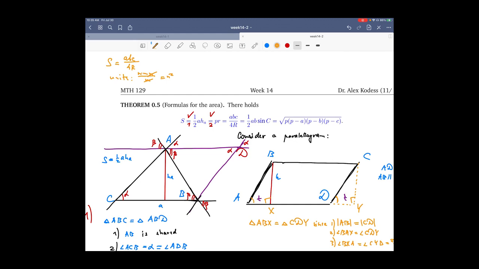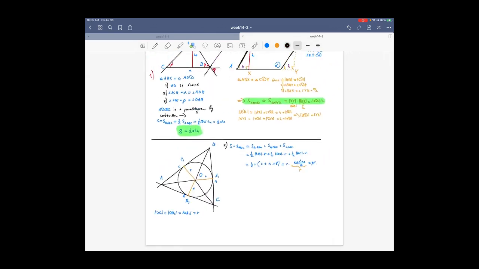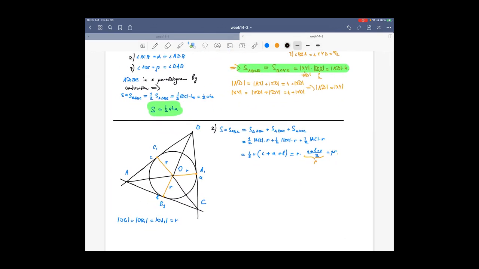Perhaps it's easier to first show this formula, that the area equals 1/2 product of two sides times the sine of the angle between them. Let this be my number 3. All right, let me draw again a triangle.